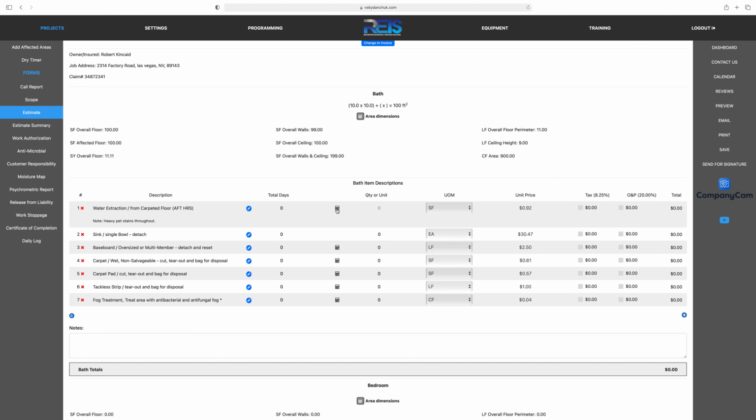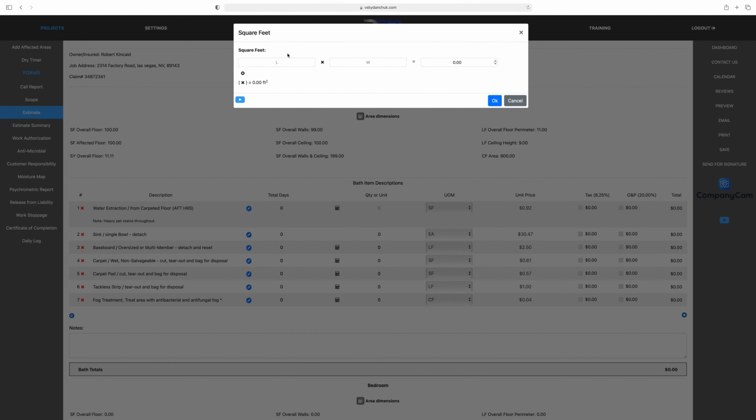Before I move on, this calculator will only show up for three different units of measurement: square foot, linear foot, and cubic foot. In this case, we're dealing with square foot. I didn't know it right off the bat, so click on that calculator and let's do it this way because it'll show an equation.